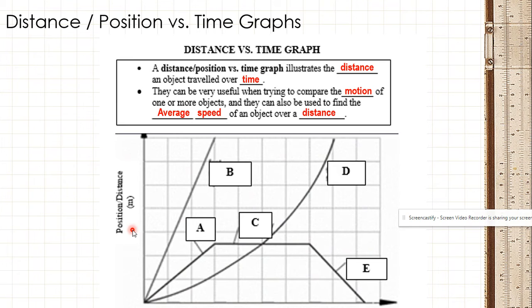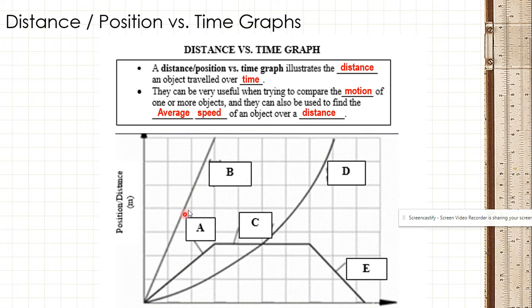So if we look at A, we see that the line is going up, and because it's a distance time graph, we know if the line is going up, that means the object is moving away from the starting point. At B, we have the line going straight up, covering about the same amount of distance in a less amount of time.